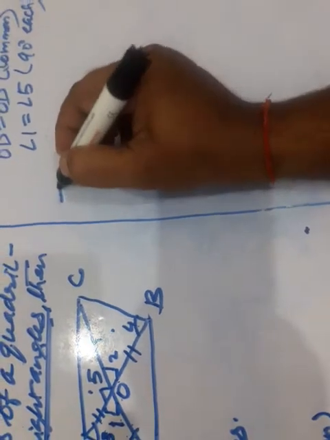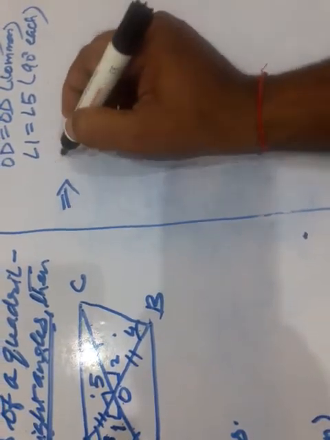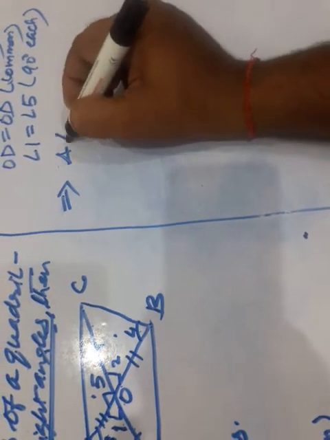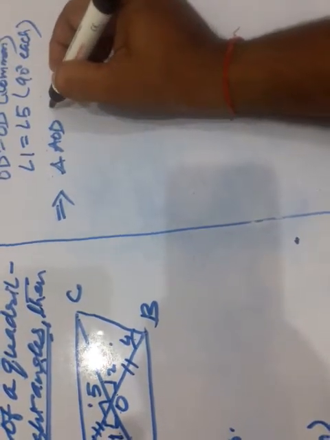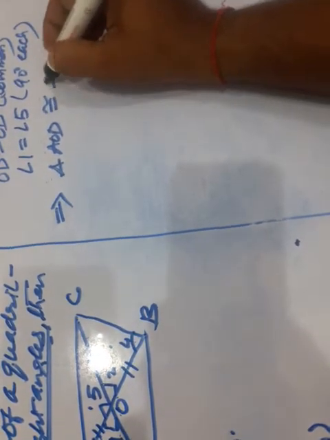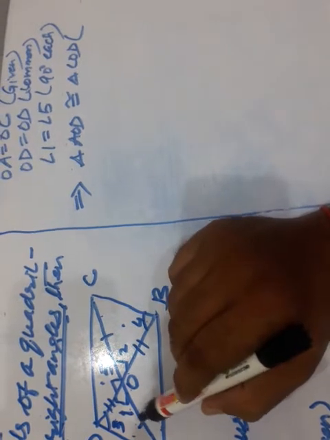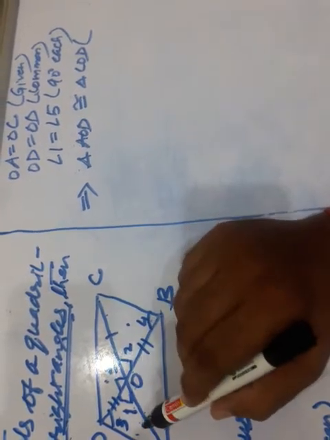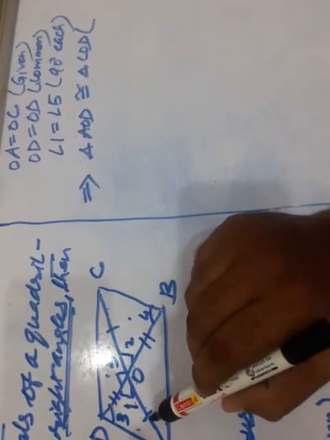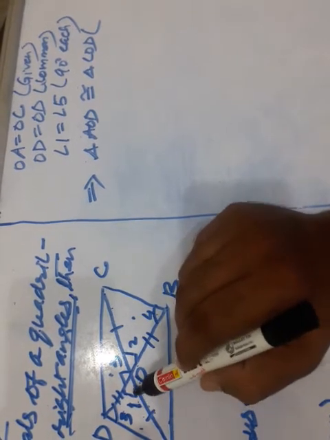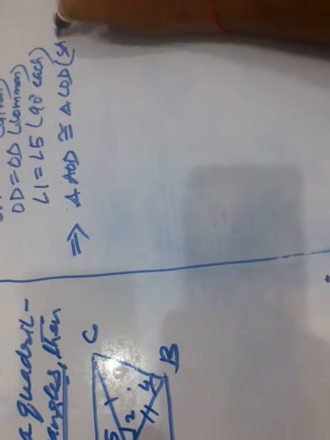Okay children, this implies that triangle AOD is congruent to triangle COD by which rule? By the SAS rule.